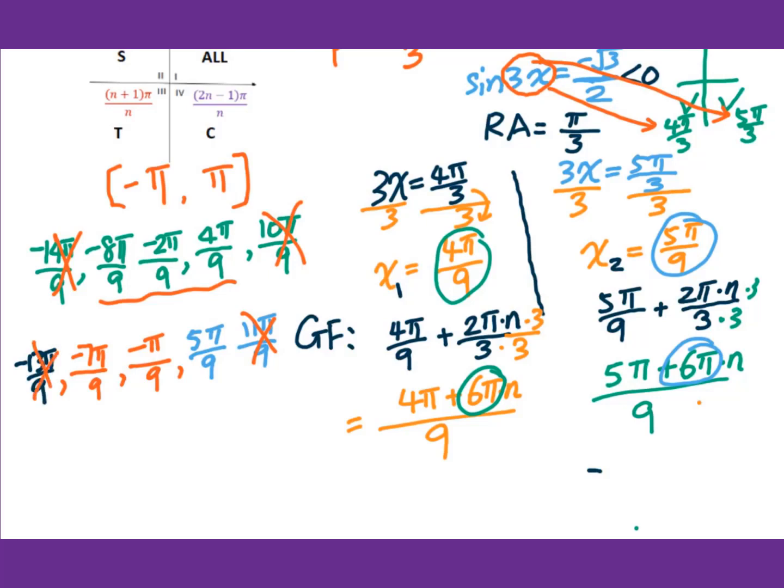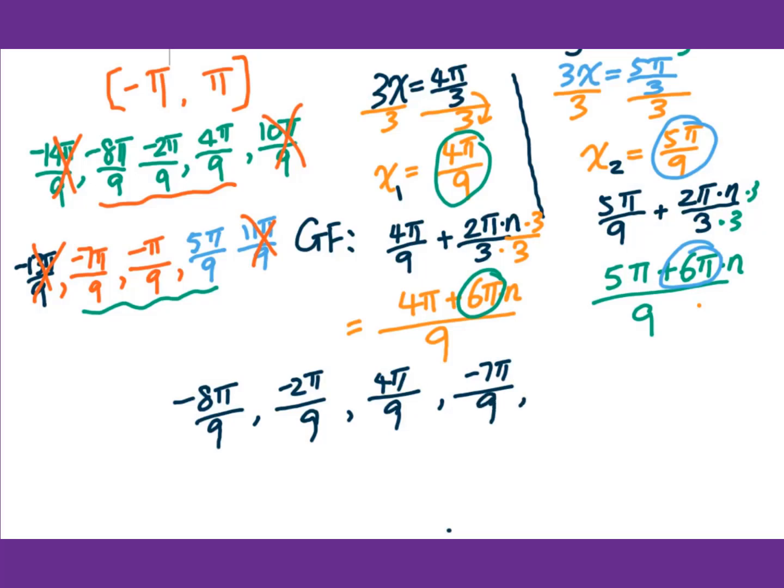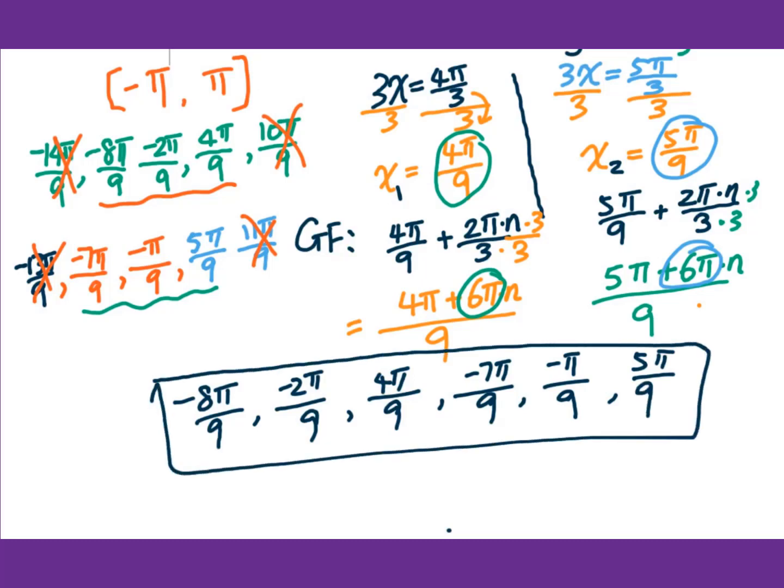This is out of range. Therefore, we got another 3 solutions. Therefore, negative 8 pi over 9, negative 2 pi over 9, 4 pi over 9, and negative 7 pi over 9, negative pi over 9, 5 pi over 9 will be the solution between negative pi to pi.